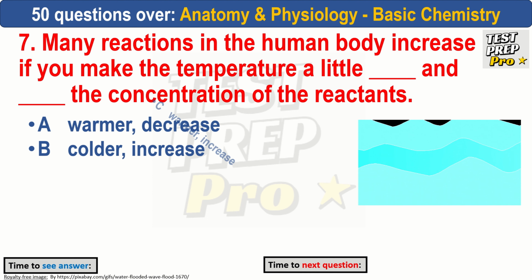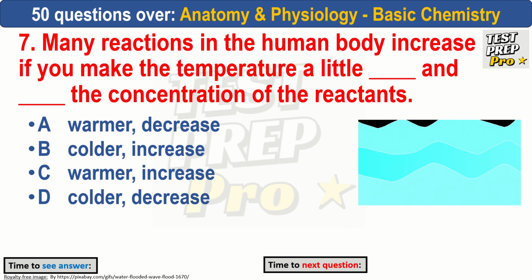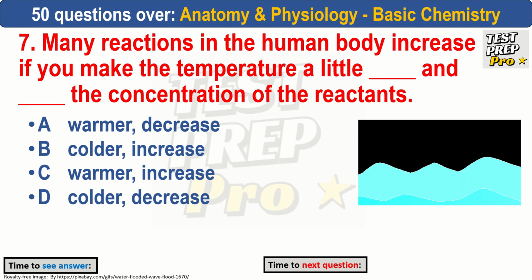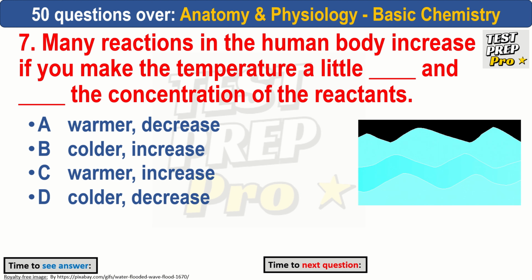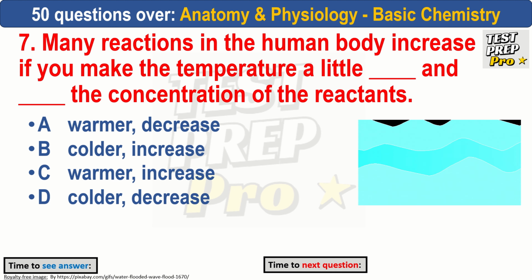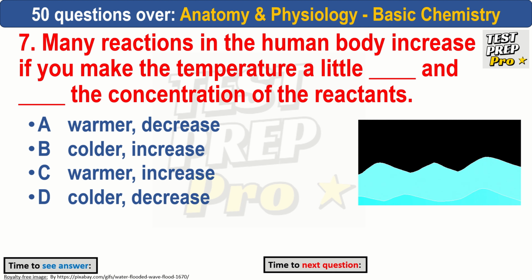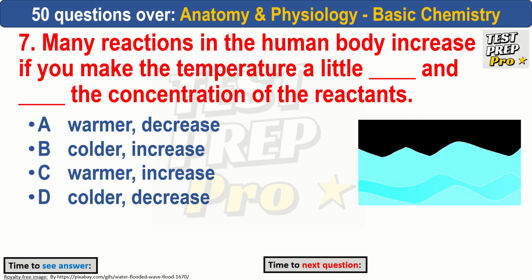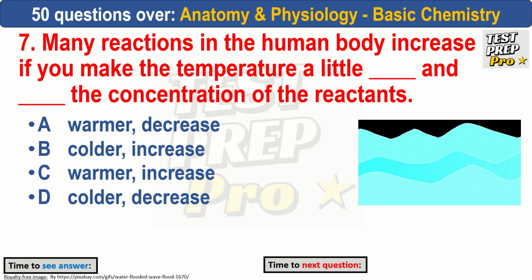Many reactions in the human body increase if you make the temperature a little blank and blank the concentration of reactants. So are you making the temperature warmer or colder? And are you increasing or decreasing the concentration of reactants? Option A is warmer and you decrease the concentration. Option B is you make it colder and you increase the concentration of reactants.